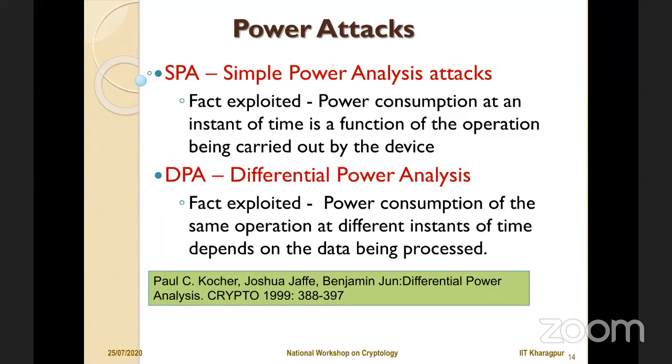So even if you are protecting against a simple power attack or SPA, you are still vulnerable against a DPA attack. That leads us to a more sophisticated attack method, and therefore we need more interesting ways of protecting against DPA.